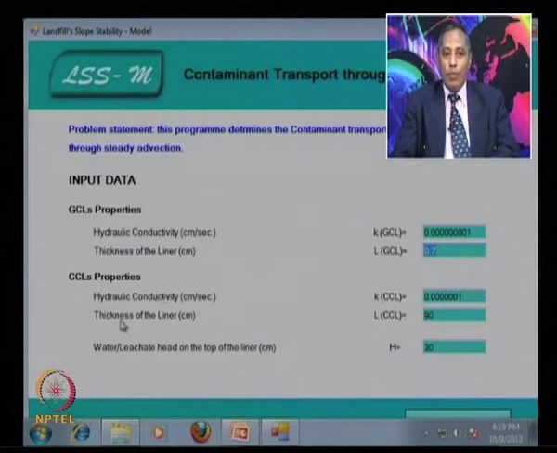The CCL hydraulic conductivity is given, and the thickness of the liner, L CCL, is equal to 90, and the water and leachate head on top of the liner, H, is equal to 30.